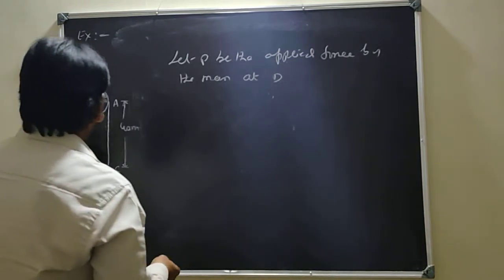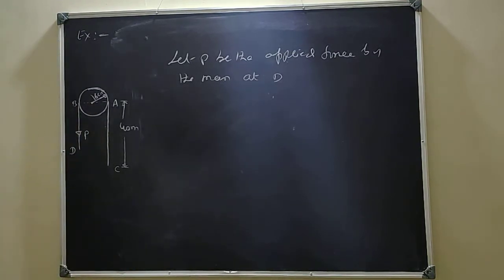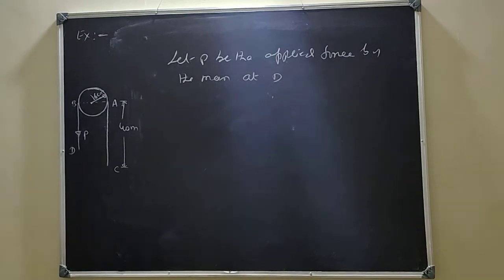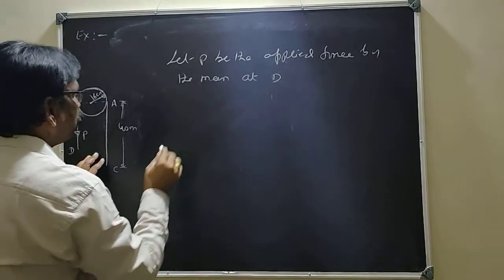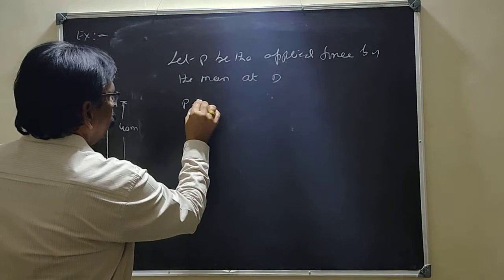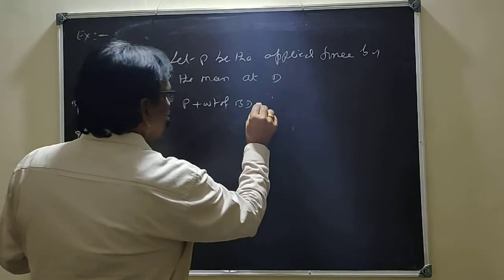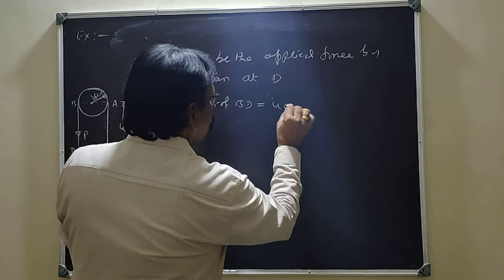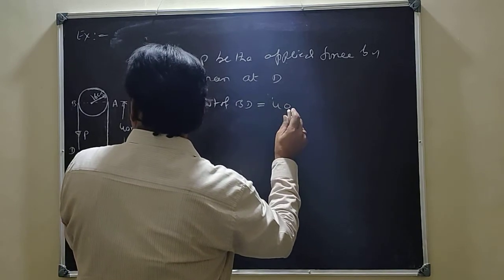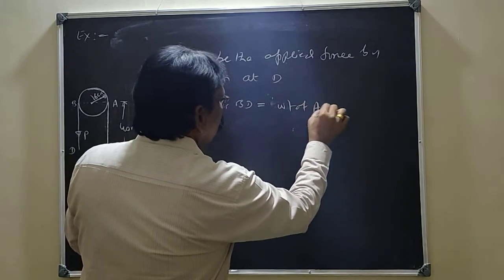So now the force applied in order to bring it down, that is P plus weight of BD, that must be equal to the weight of AC.